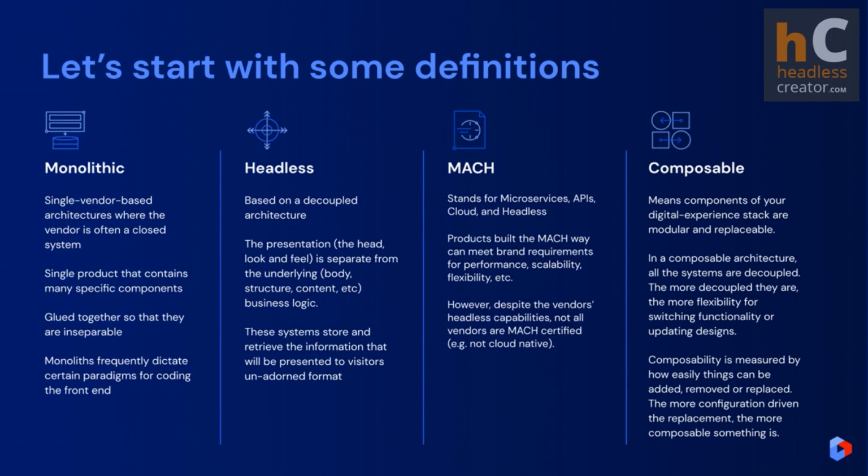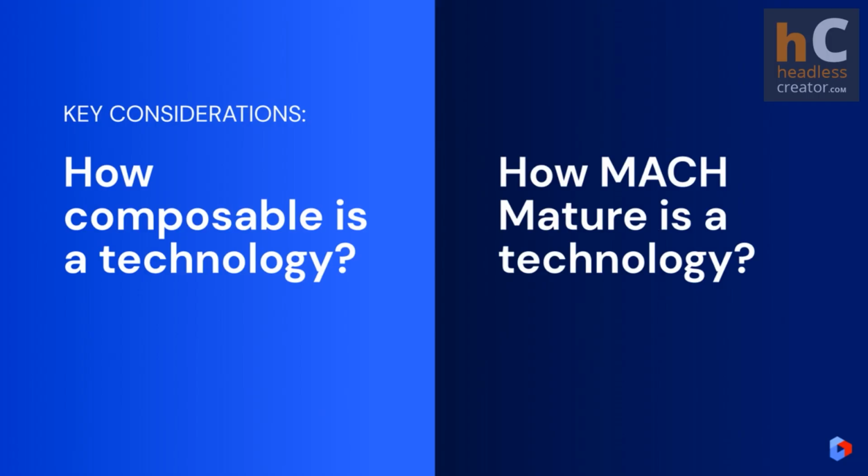So just to wrap up on composable, I think the idea here is composable is not headless. Composable is swappability, replaceability, addability. And how easy is it to do that? So what we started to think about is, if these things are distinct and different, if composable is about swappability, then MACH maturity is really how good are your headless capabilities, your API capabilities, how natively cloud are you, and how good and strong and rich are your microservices?